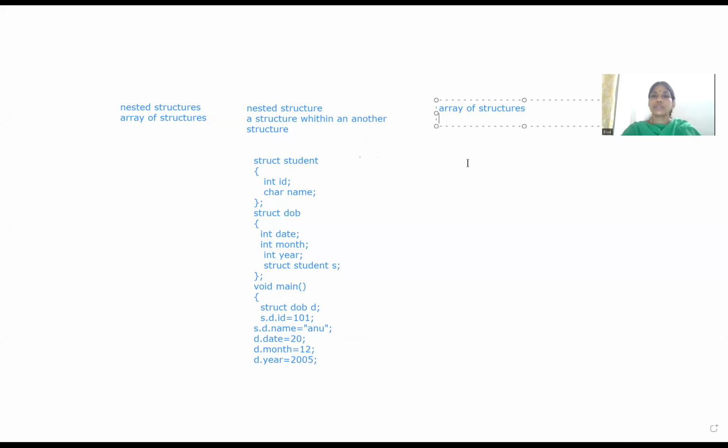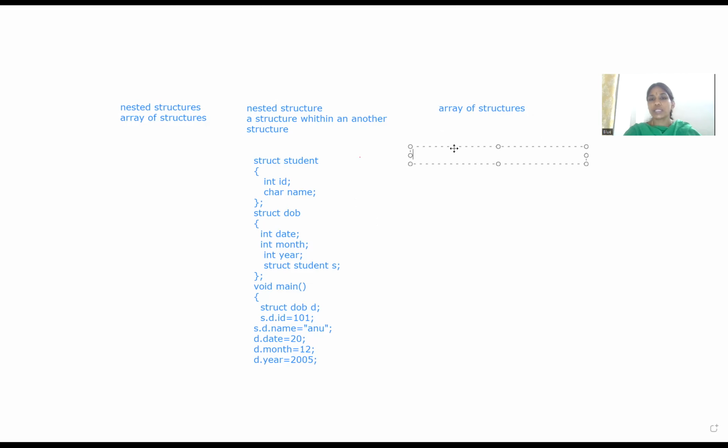Okay. So here we are storing one single student's details, one employee's details. Okay. So now I want to store n number of multiple records into one single structure. So what we need to do? We need to implement the arrays. Okay.